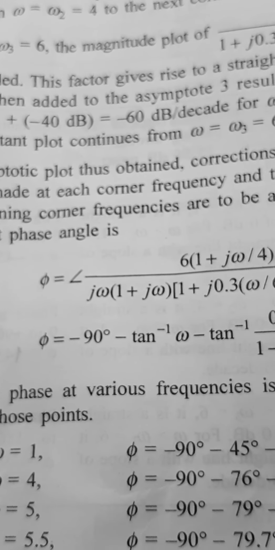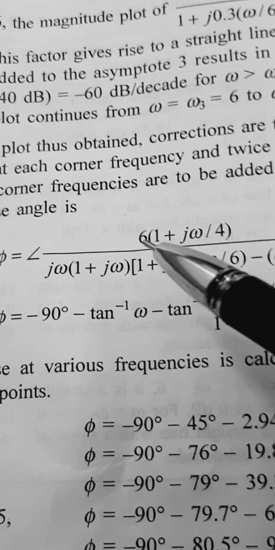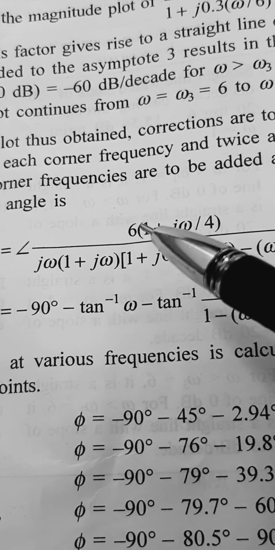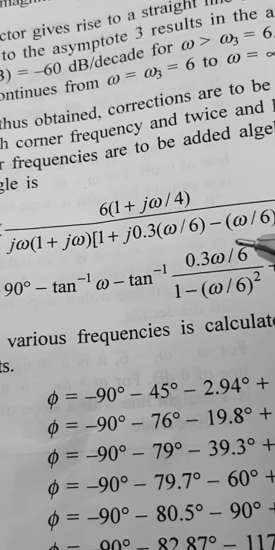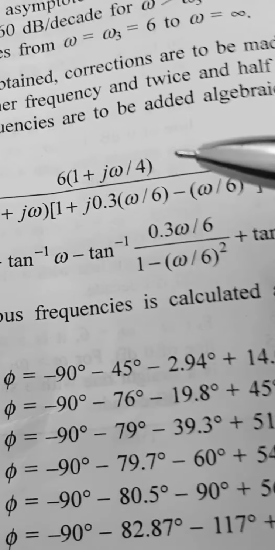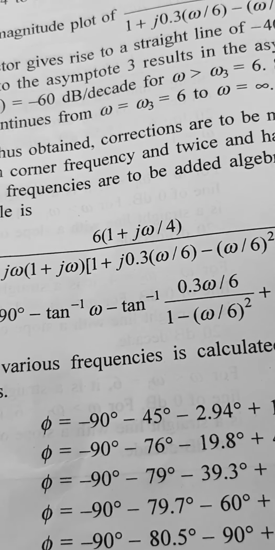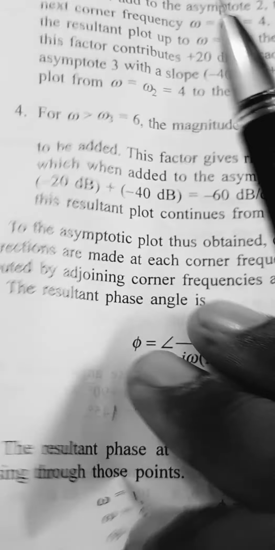That means for this, you consider K, 6 by j omega.